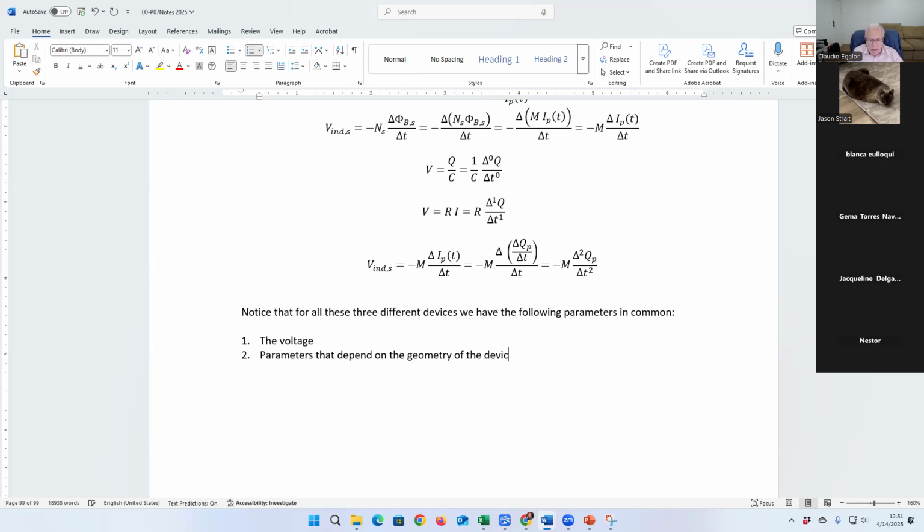In this case it is the capacitance, well, actually the inverse of the capacitance, the resistance, and the mutual inductance.